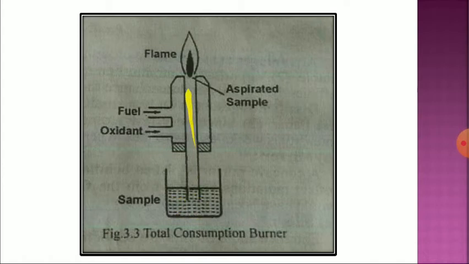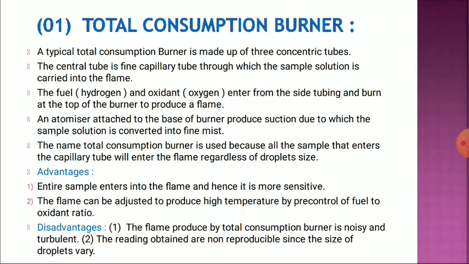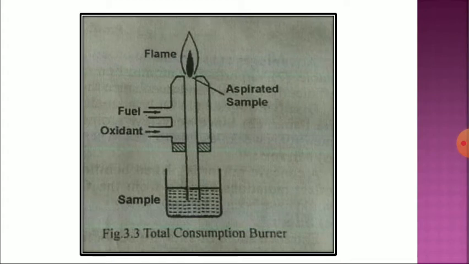Now, the central tube is a fine capillary tube through which the sample solution is carried into the flame. See the central tube. From this, the sample solution will go into the flame. This is the flame.